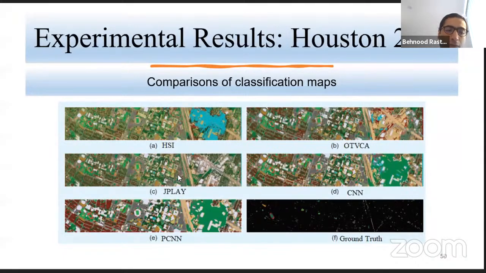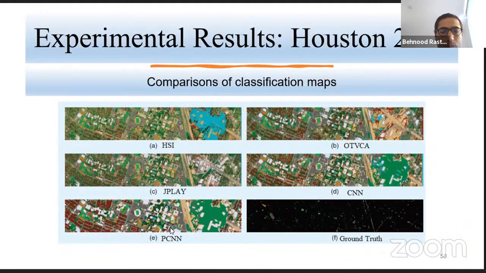And JPlay also gives the highest accuracy between the supervised techniques, against CNN and PCNN, which provide the highest accuracies between the deep learning techniques.